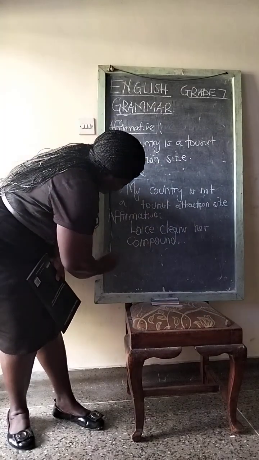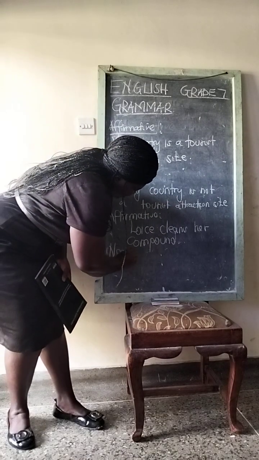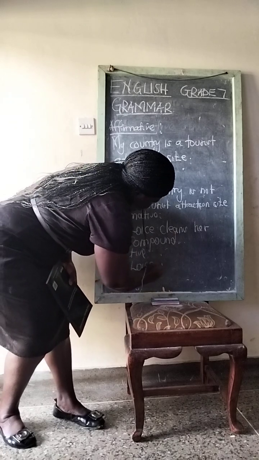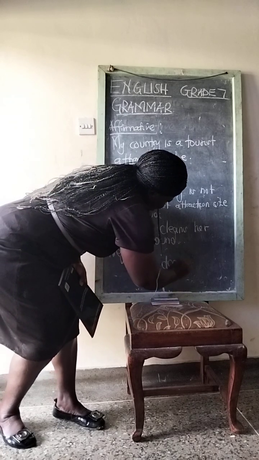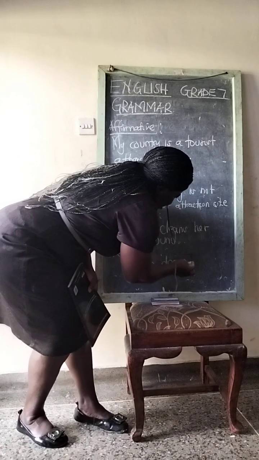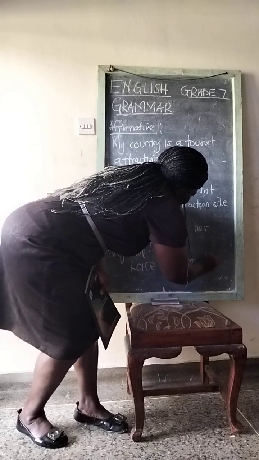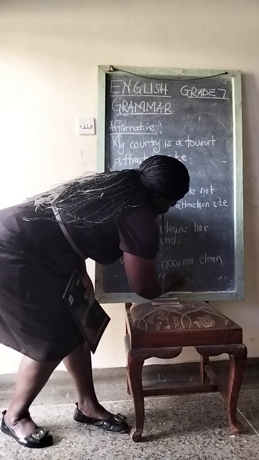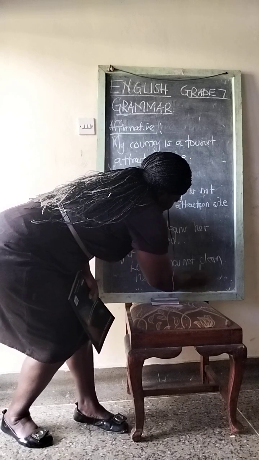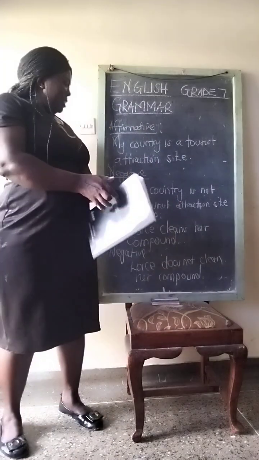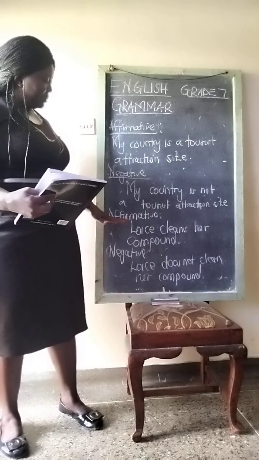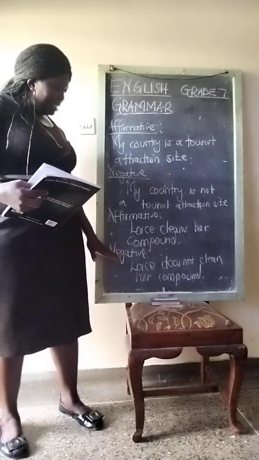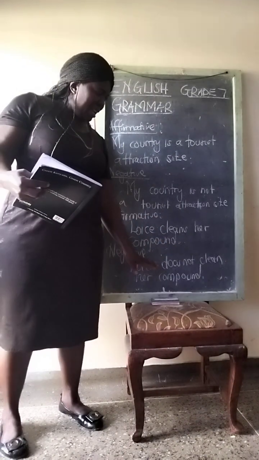Negative will be: Lois does not clean her compound. So we have the first one, Lois cleans her compound, affirmative. Negative, Lois does not clean her compound.